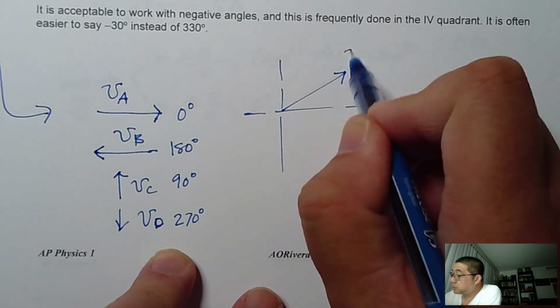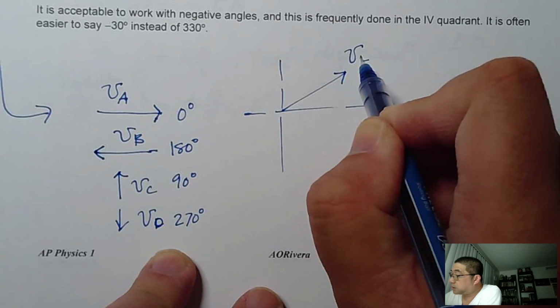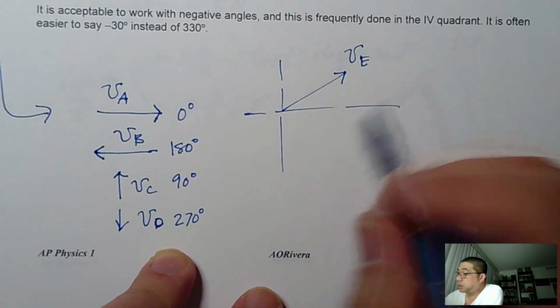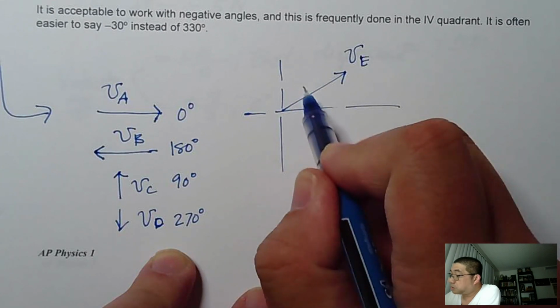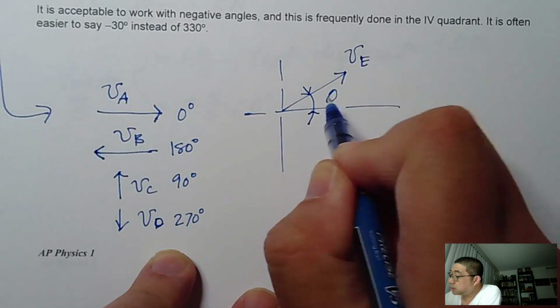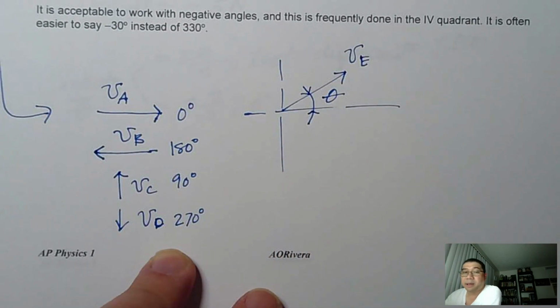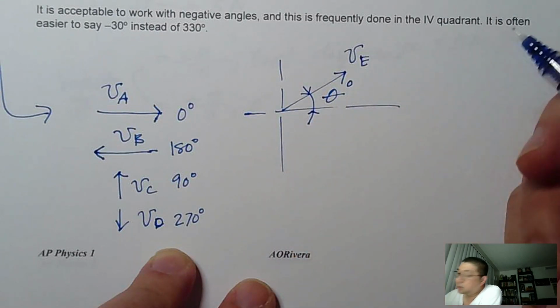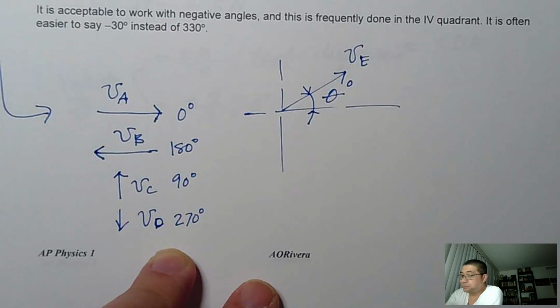So let's call this one example vector E. Vector E, so what is the direction? You measure this angle, and this angle is represented by angle theta. So this is your direction, angle theta degrees.